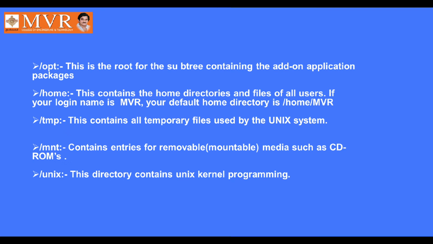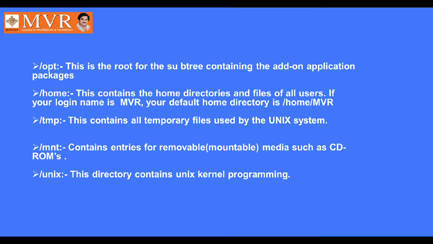If your login name is MVR, your default home directory is /home/MVR. If my name is Kishore, my directory will be /home/Kishore. The information about all the users accessing the current network will be stored in this directory.